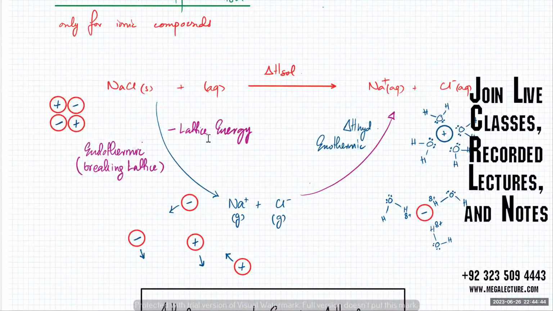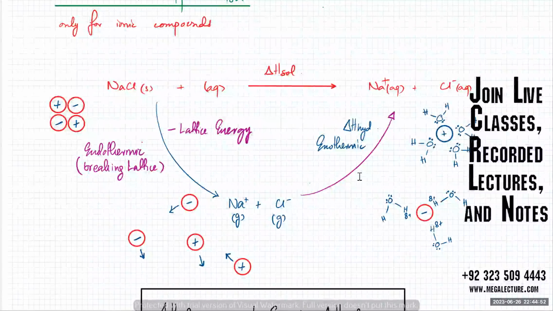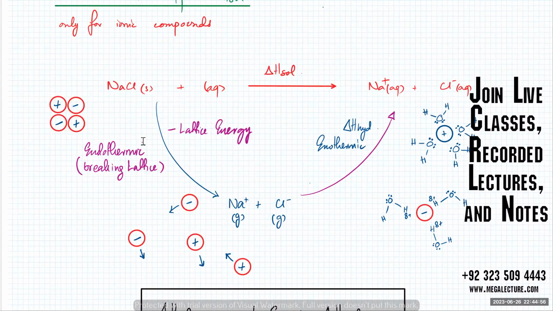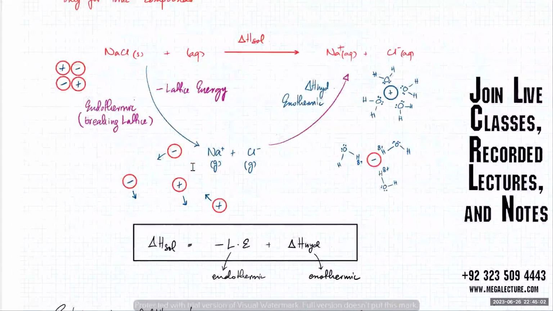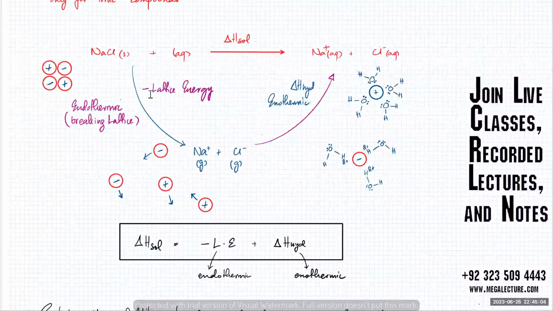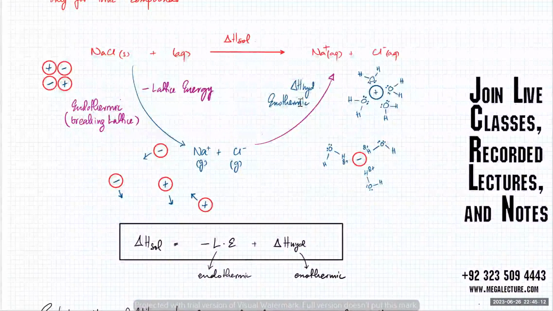And will it attract the water molecule strongly or weakly if it's soluble? Strongly. So basically that means that overall it's becoming more exothermic. This becomes greater, while this becomes easier, so it becomes smaller. Vice versa, if solubility decreases, less soluble, that means the lattice is becoming stronger. You need more energy to break the lattice, and the attraction with water decreases, so less energy is given out. So that's the basic idea.